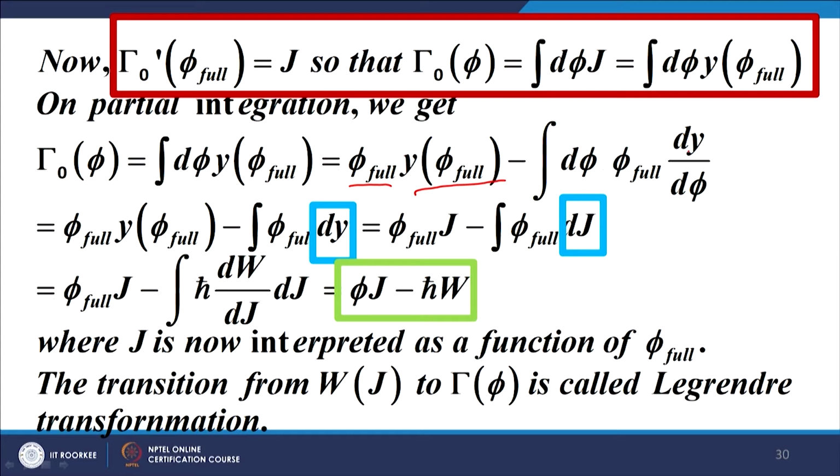So, we can write phi full as dw upon dj, and of course, with the loop parameter h bar, and this whole thing simplifies to give us phi j minus h bar w. When you simplify this integral, you get phi j minus h bar w, where j is now a function of phi full, and this whole thing is called a Legendre transformation.